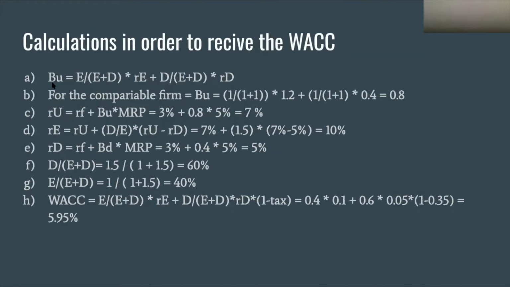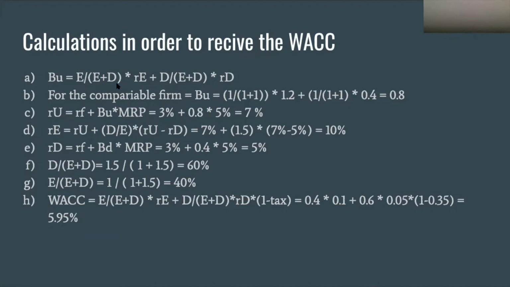And we know that the equation for the unlevered beta is the equity divided by the company value times the equity beta, added with the debt through the company value times the debt beta. And we know that the debt to equity ratio for the comparable firm is 1.